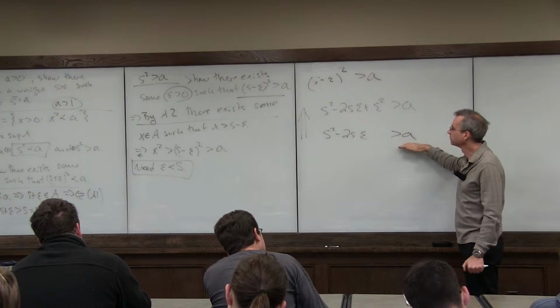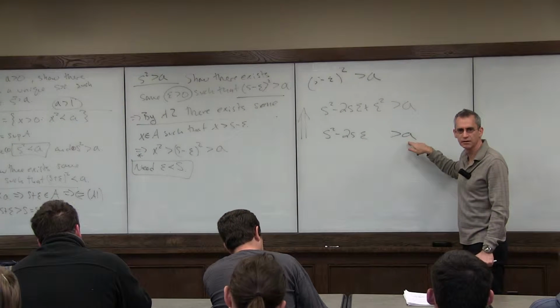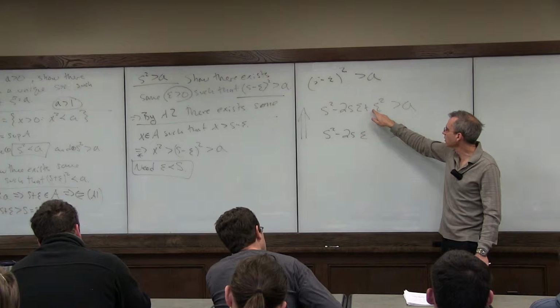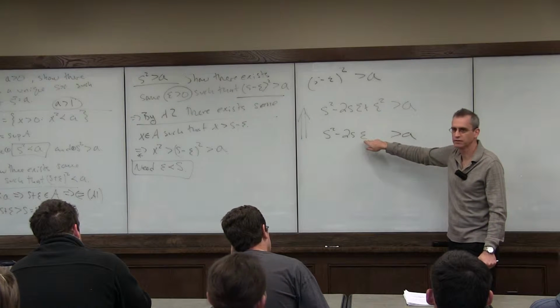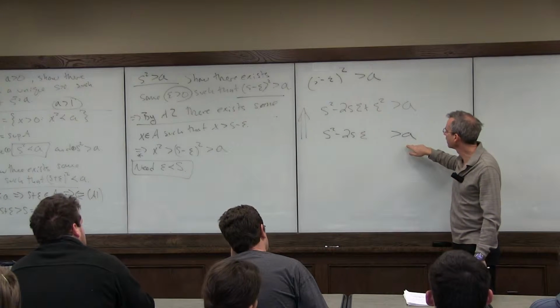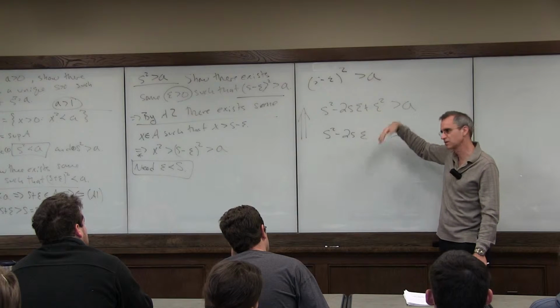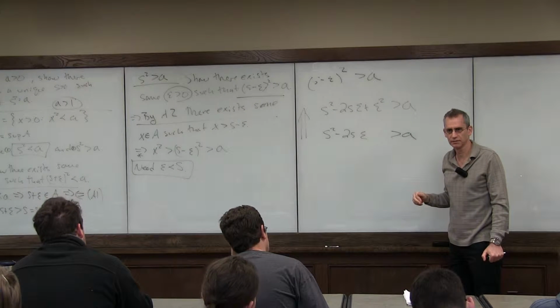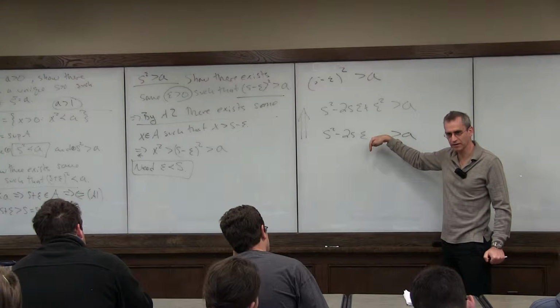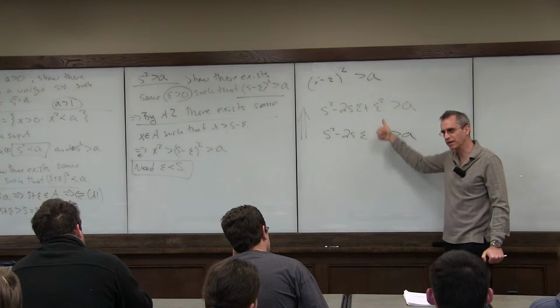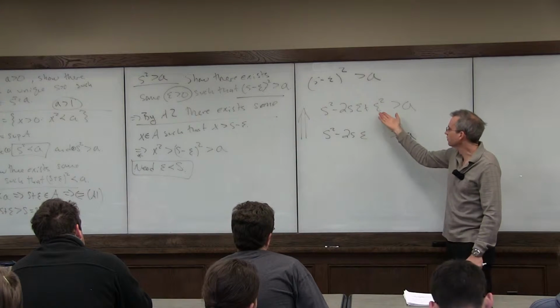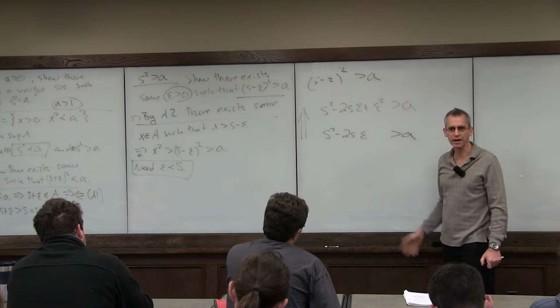If this one is bigger than A, this one here is even bigger than that one. So if this is bigger than A, then adding the epsilon squared is still going to be bigger than A. Logic does not go this way, but it does go this way, and that's what matters. Okay, so we didn't like epsilon squared. Okay, we'll just throw it away.